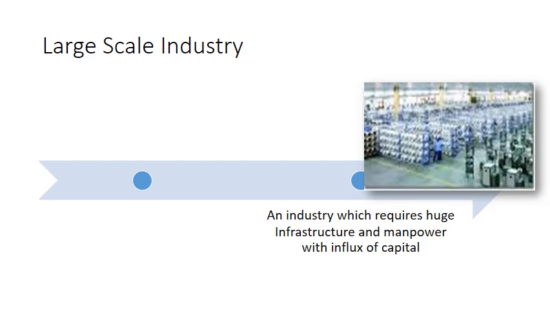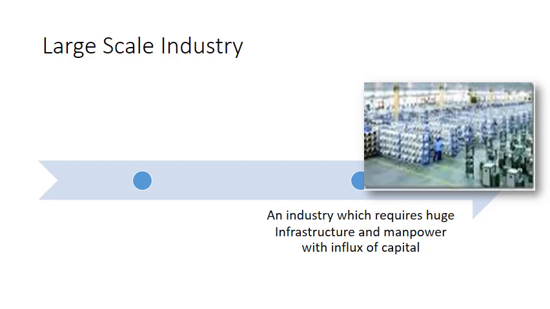Large scale industry uses a huge amount of input and produces a huge amount of output. So a large scale industry is run at a large level. It requires more infrastructure, more manpower, more capital, and it produces more goods. So large scale industry is a large industry.